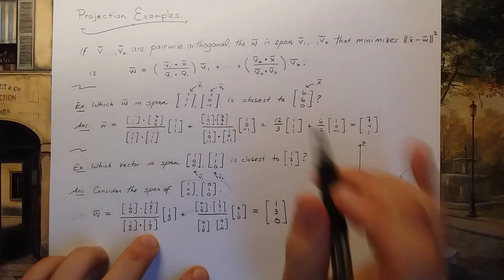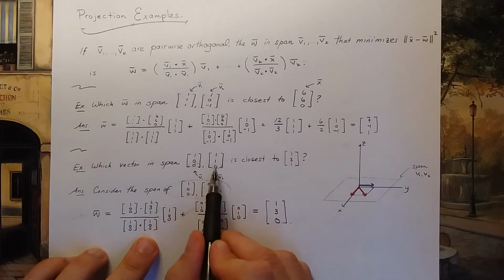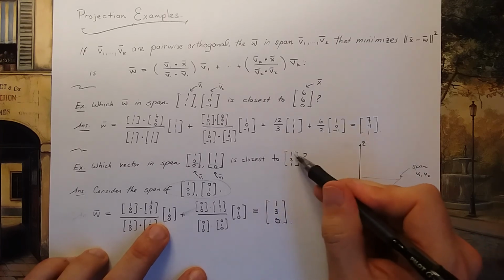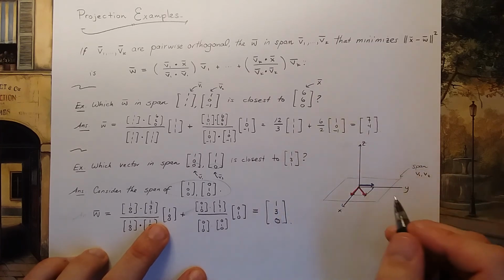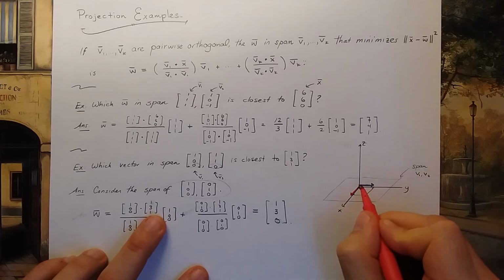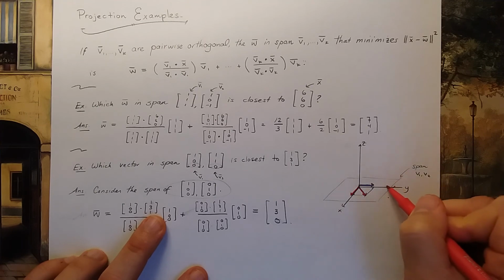And you could probably predict that would have been the answer to begin with, because you'll notice that the bottom coordinate has to be 0 in any linear combination of these two vectors. So 1, 3, 0 is the best you can do, getting close to 1, 3, 1. Graphically, if you want to depict what's going on in the picture, I have the vector 1, 3, 1, which comes 1 in the x-axis direction, 3 in the y direction, and 1 up.